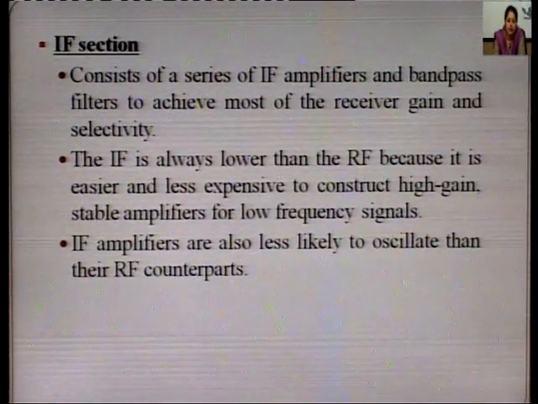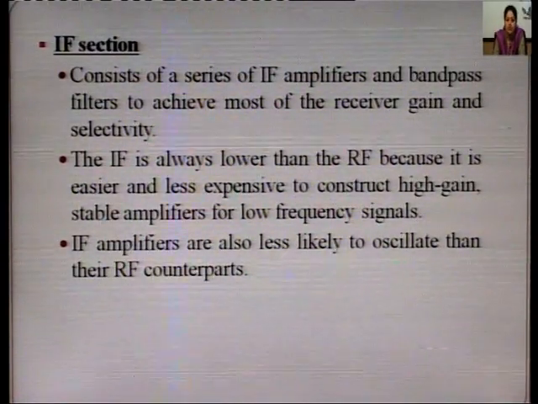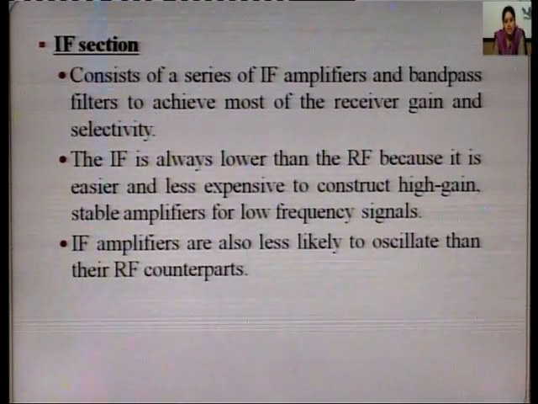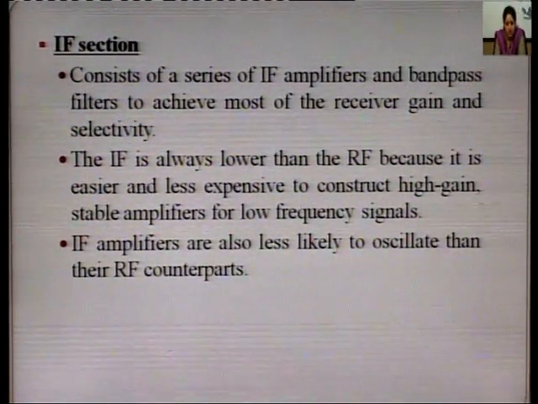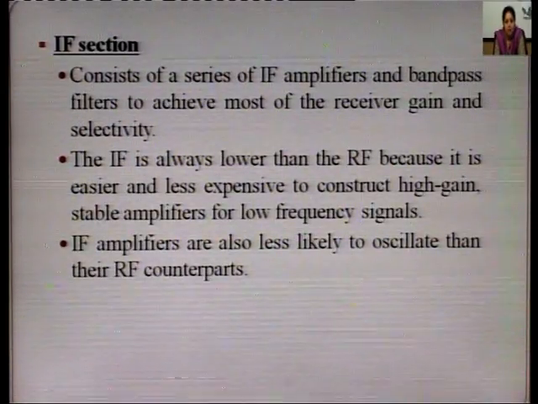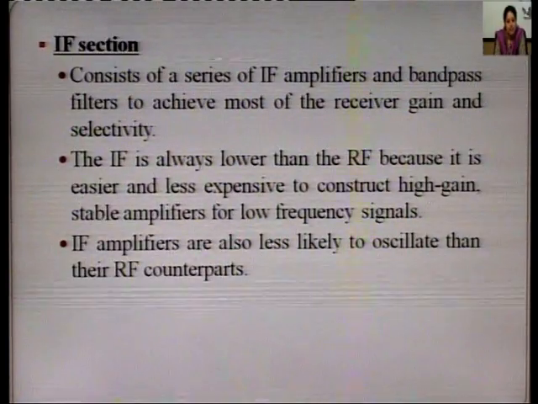Now after you have the intermediate frequency, you have done the heterodyning process, that is, frequency conversion has been done. The intermediate frequency is given to the IF section that consists of IF amplifiers and bandpass filters to achieve most of the receiver gain and selectivity.